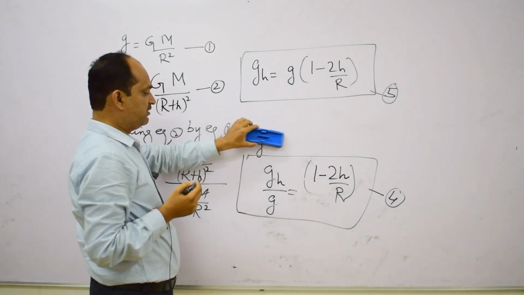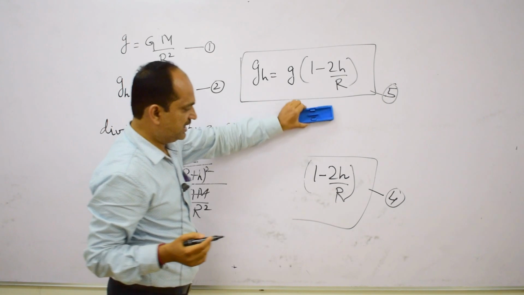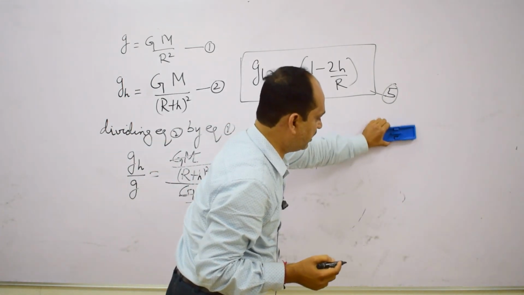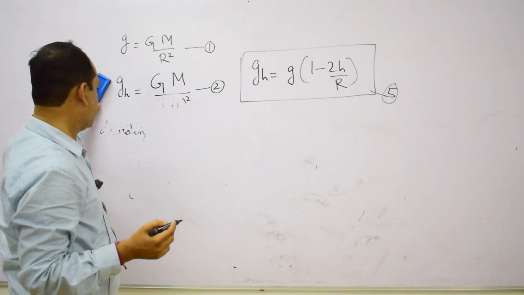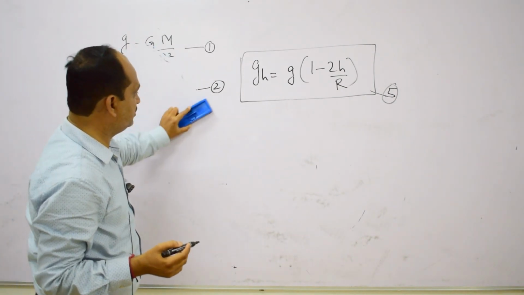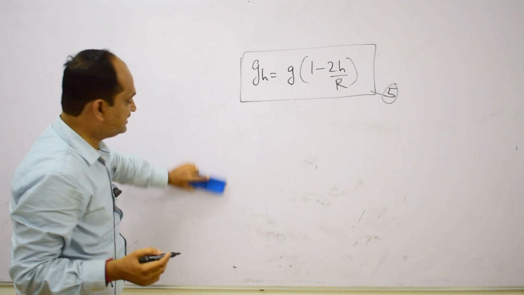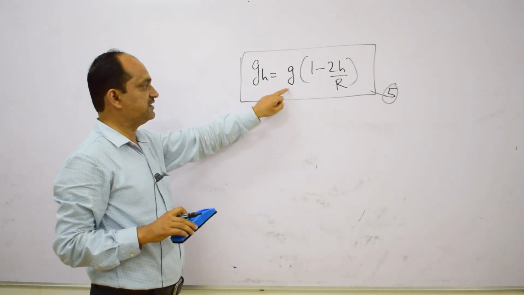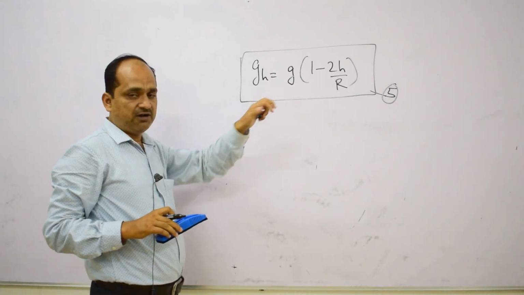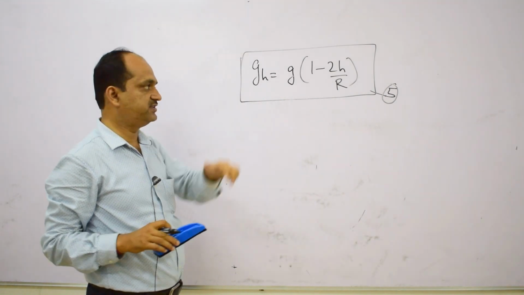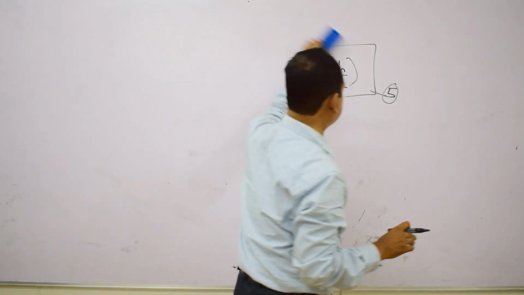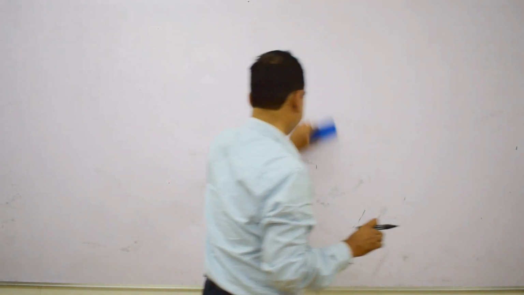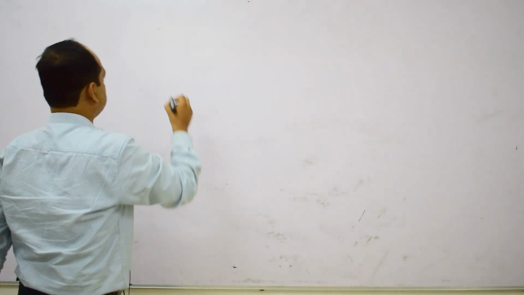This is why the value of acceleration due to gravity on a mountain is less than at the surface of the earth. If the value of acceleration due to gravity at heights is less than at the surface of earth, consequently our weight reduces at heights. Now in the next segment we will discuss the variation of acceleration due to gravity due to depth of earth.